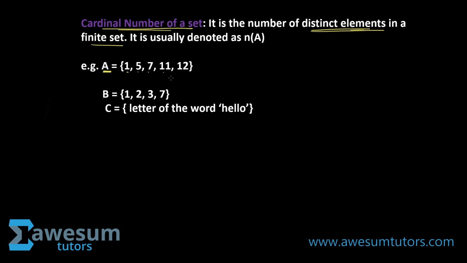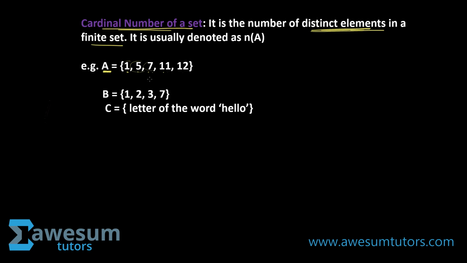Take note, there must not be repetition. That is why we said distinct elements. So what is the cardinal number? How many distinct elements do you have right here? These are the elements: 1, 2, 3, 4, and 5. So that means we have 5 distinct elements right here.